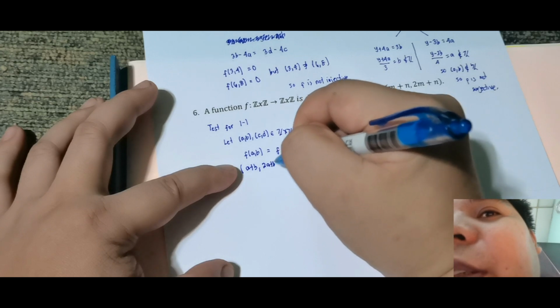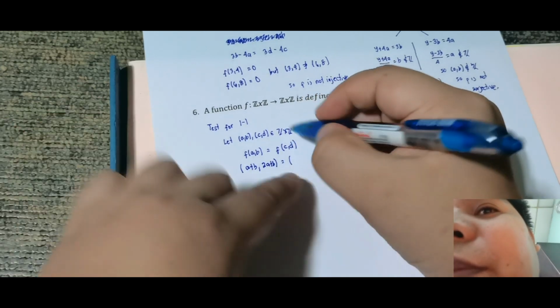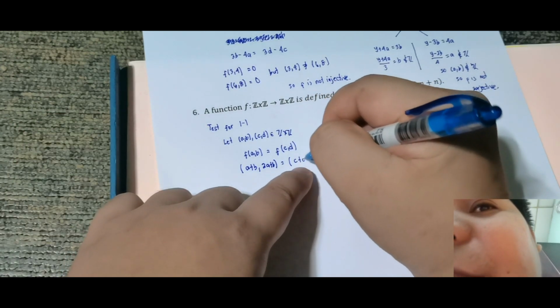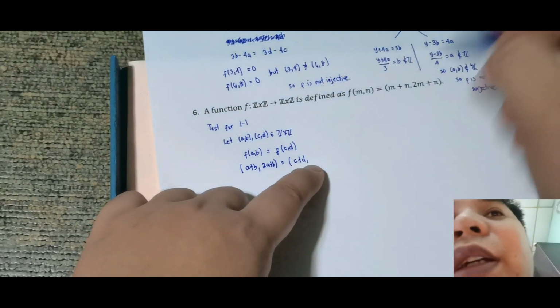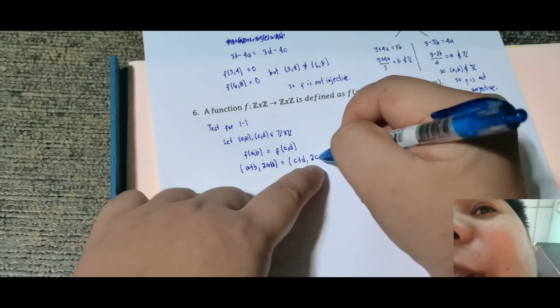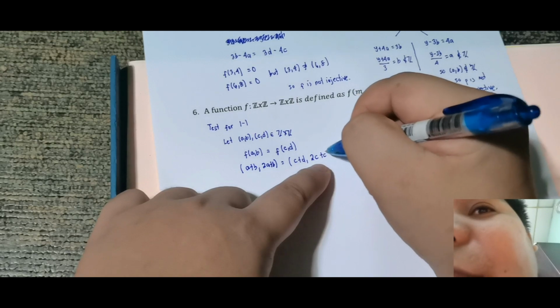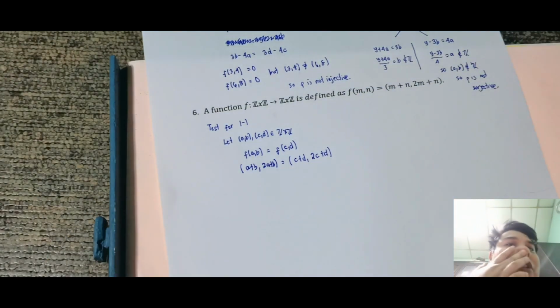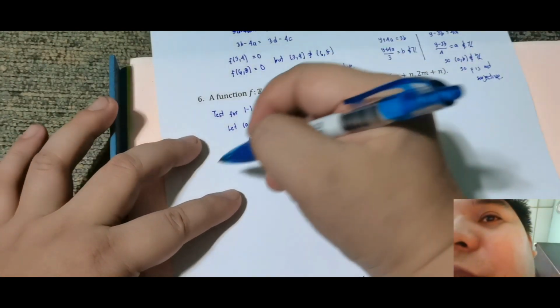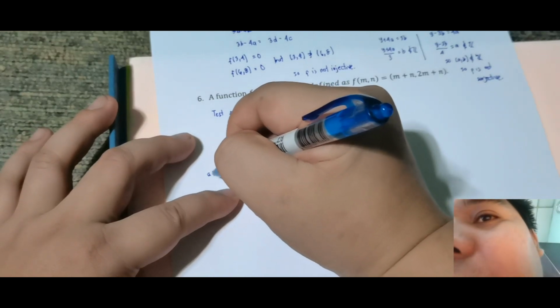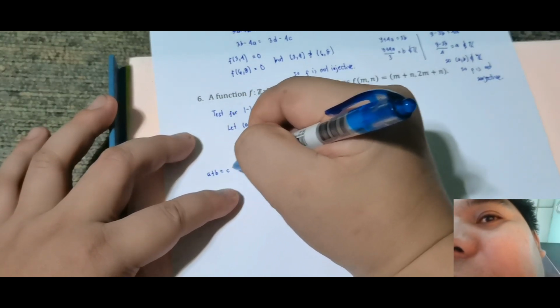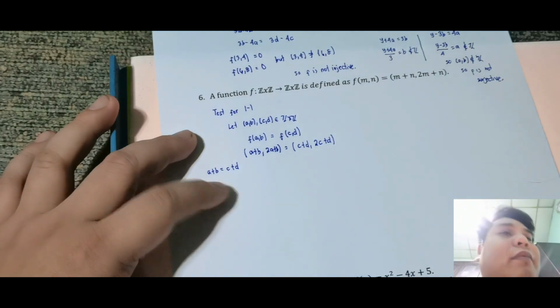2a plus b equal to sa c plus d, 2c plus d. Okay, so may dalawang equation tayo na mapuform dyan. So we have unang relation, a plus b is equal to c plus d.